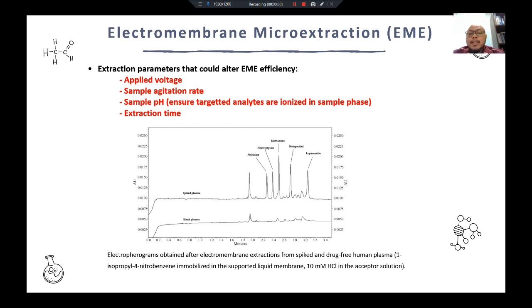For CE, capillary electrophoresis, we call this the electropherogram. I don't want you to be confused about why I use electropherogram. Basically it is like a chromatogram, but because it is produced by CE, where we use electricity in the separation process, that's why the term electro is there.